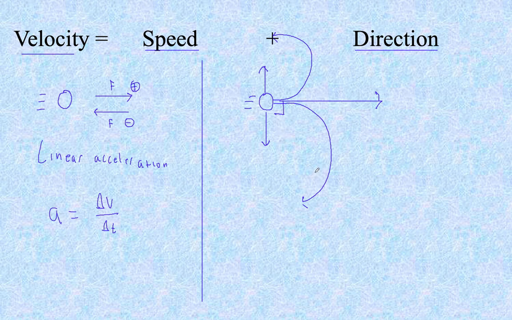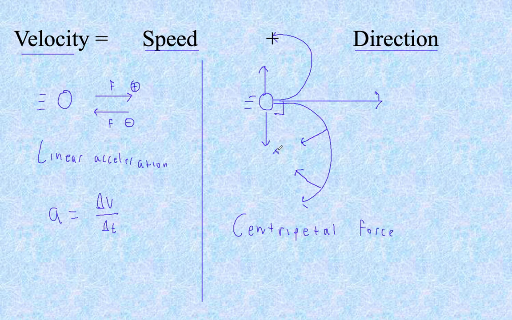Keep in mind that force always has to be at right angles to it. So here that force is at right angles. Here it's at right angles. Notice that all these forces tend to point toward the center. So this force is called a centripetal force. And centripetal just means toward the center.